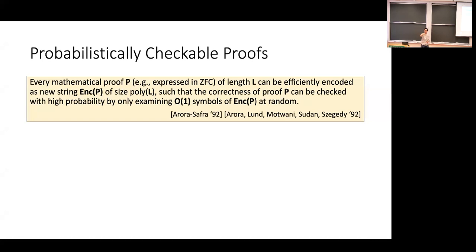It's some polynomial in the length of the original proof. But now, if you want to check the correctness of the original proof, you can do so just by choosing a few random locations in the new encoded proof. And how few? Just a constant number, independent of the length of the proof. You choose like 10 symbols in this new encoded proof and look at them. Do they satisfy the required relations? If so, then you have high confidence that the original proof is a correct proof of the statement.